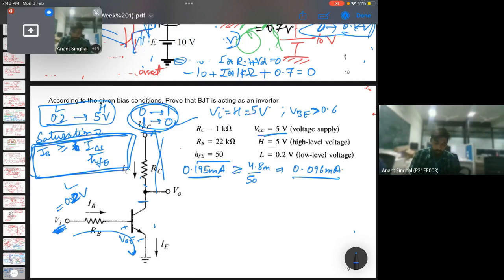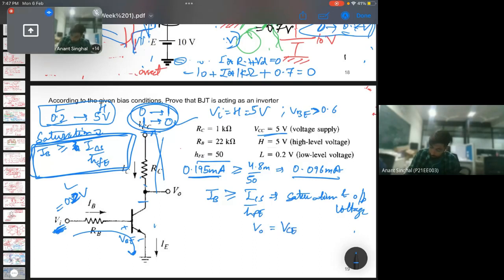So this is greater than. This condition is getting satisfied, that this IB is greater than ICS upon HFE, which will confirm that this transistor is in saturation. And the output voltage will be nothing but VCE, which we have assumed as 0.2 volt.